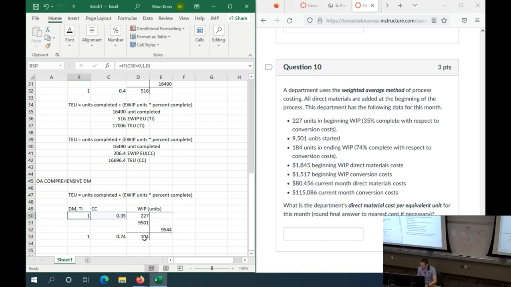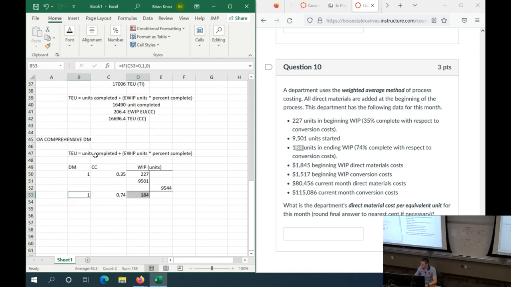Now, the rule is simply that they're direct materials. We don't have any indication of TI, so just direct materials. This is the very simple rule for direct materials. They're 100% complete if they're at all in our work in process, which beginning WIP and ending WIP are. So they're 100% complete. Specifically, this right here is 100% complete.